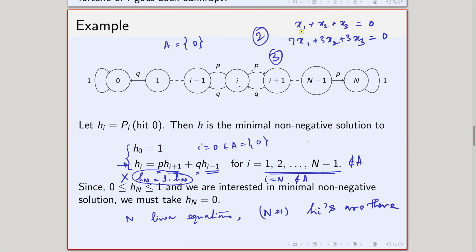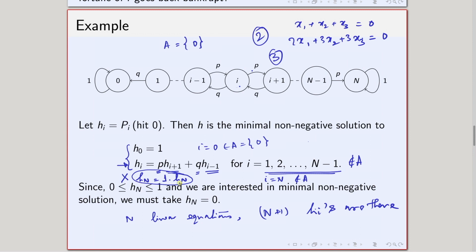So we can take one variable as a free variable, and solve the other 2 as a function of the free variable. In this case also I can take one variable as a free variable, as there is one extra variable compared to the number of equations. So I can take hn.